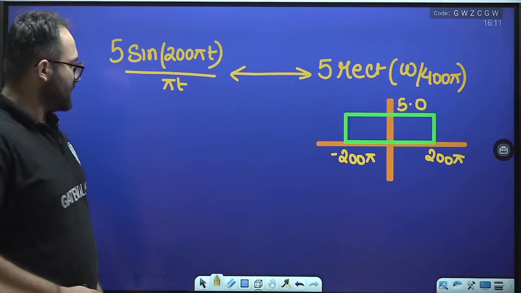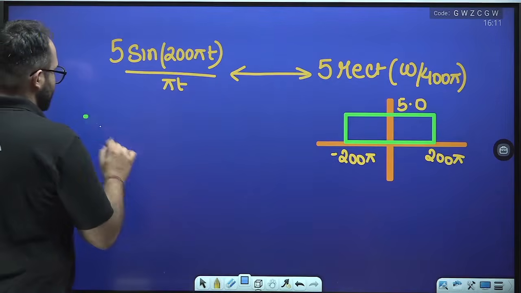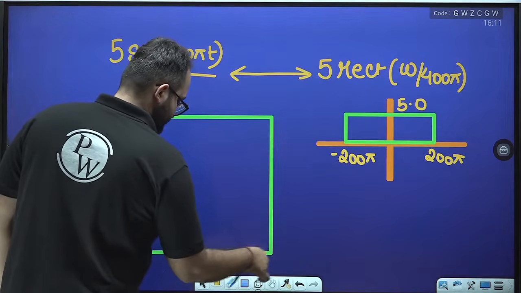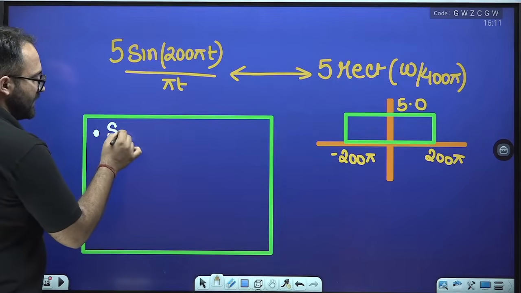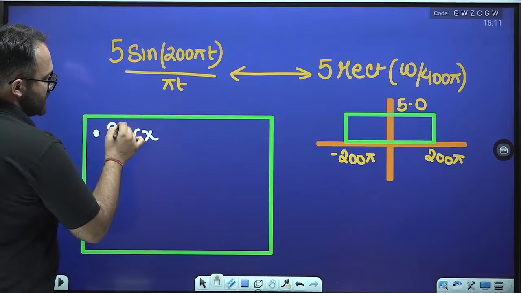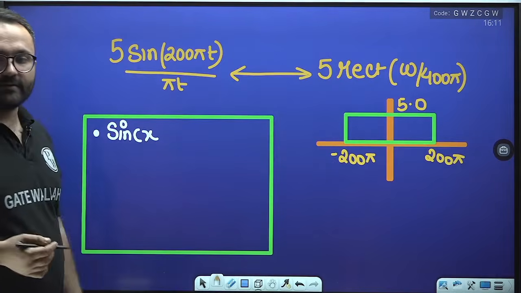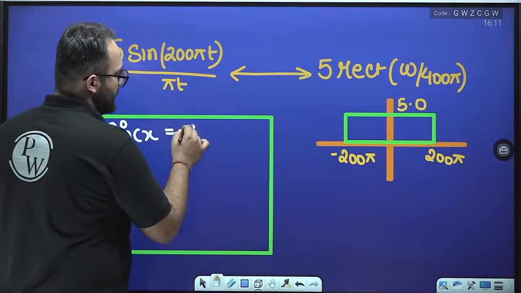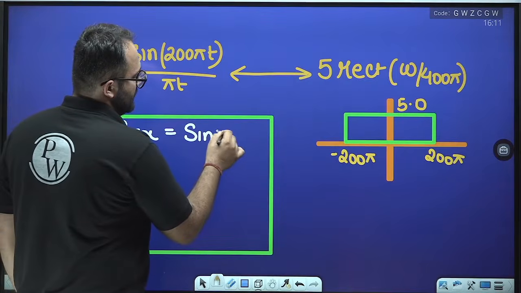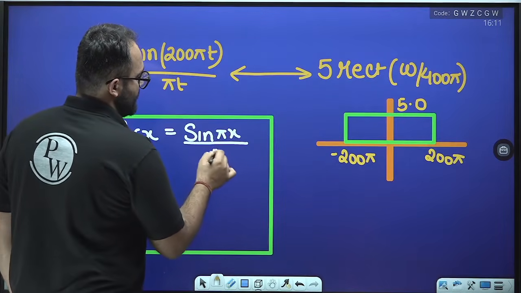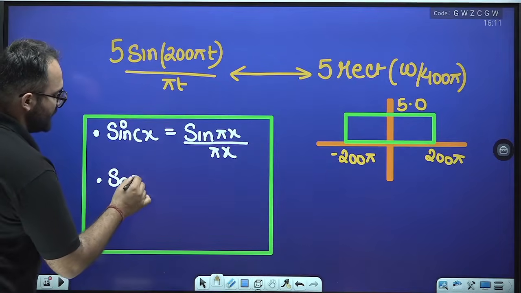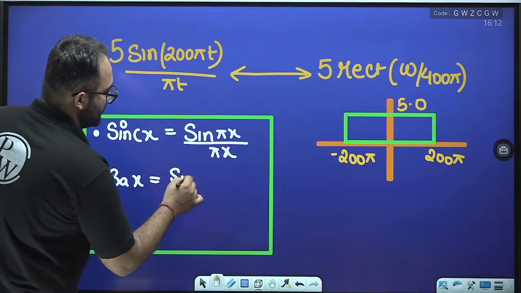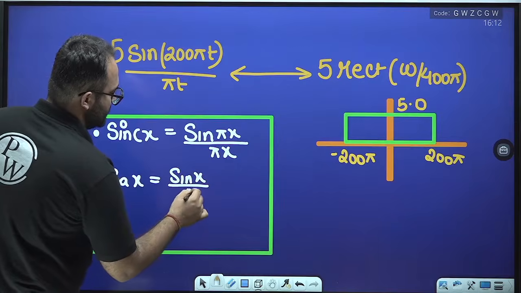Always remember this result. Many times it is written as sinc x. There are two types of signals, sinc and sampling. So sinc x is equal to sin pi x upon pi x, and the second is the sampling function, Sa(x), equal to sin x upon x.